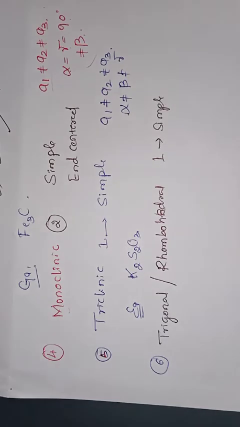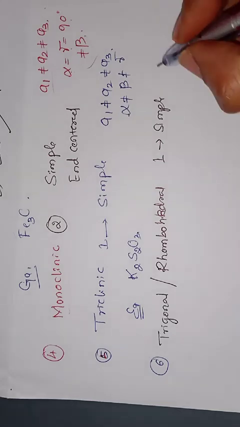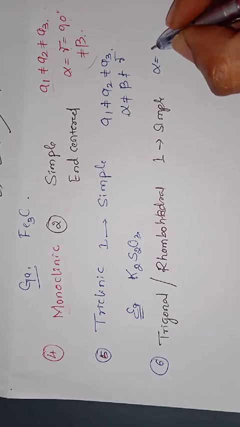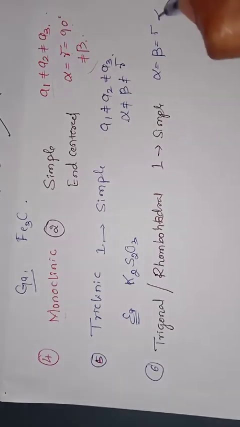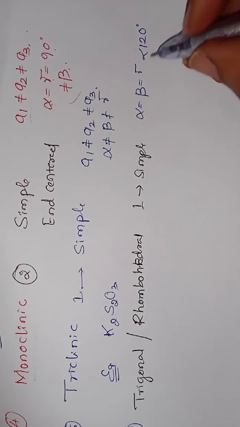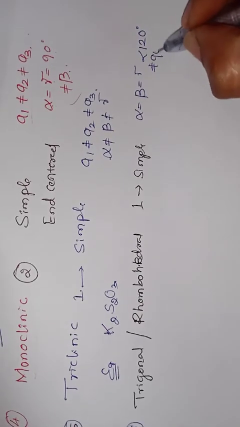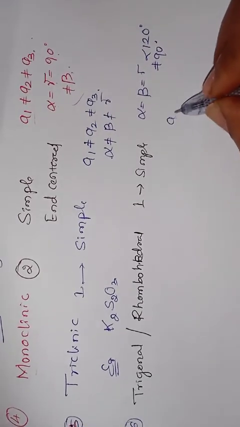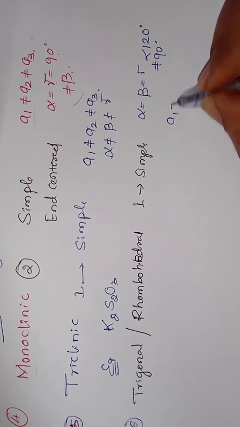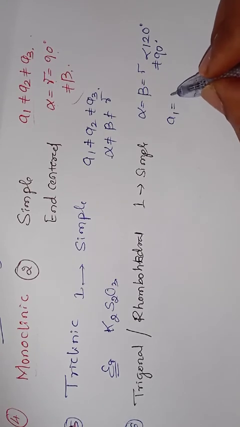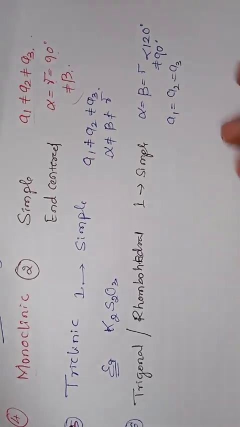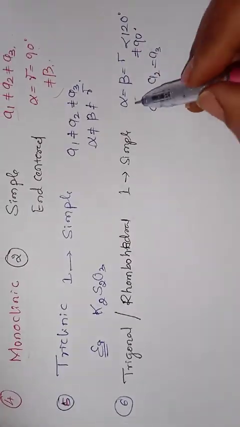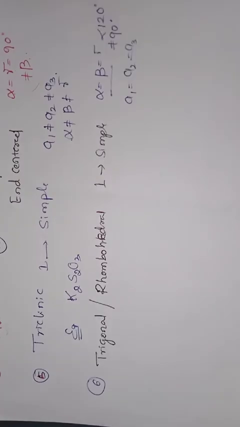Then the lattice parameters are alpha equal to beta equal to gamma, which are less than 120 degree but not equal to 90 degree. Then the lattice lengths are A1 equal to A2 equal to A3. The lengths are the same, but the interfacial angles are different.